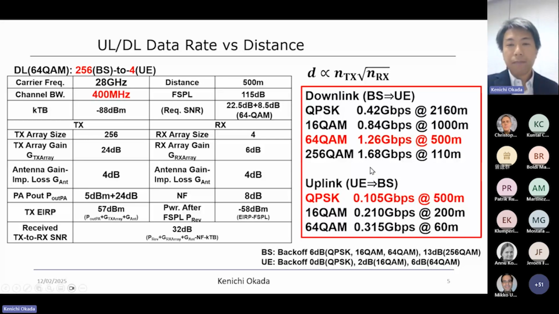In that case, the uplink also has a very severe situation. The power is not enough, and the time slot for TDD is limited, so the data rate becomes something like this.